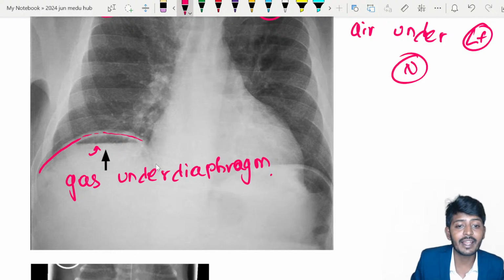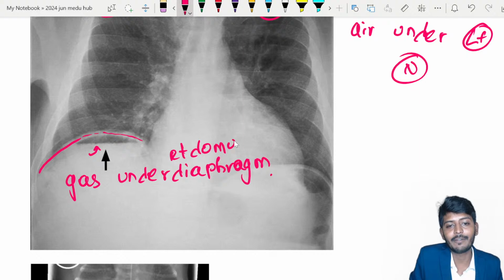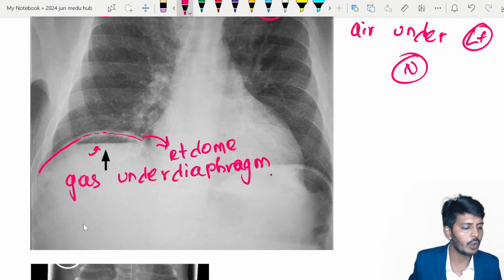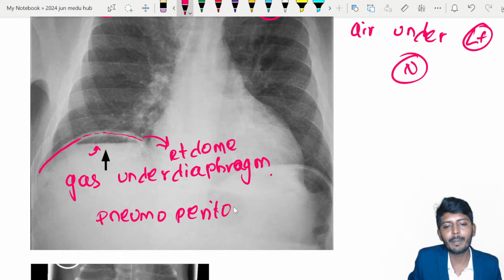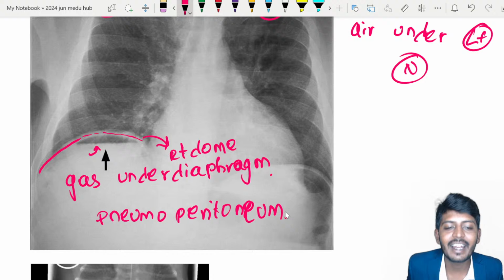So gas or air under the diaphragm. Under which dome? Yes, the right dome. Gas under the right dome of the diaphragm. That is suggesting what? Pneumoperitoneum. Pneumoperitoneum means there is air inside the peritoneum.